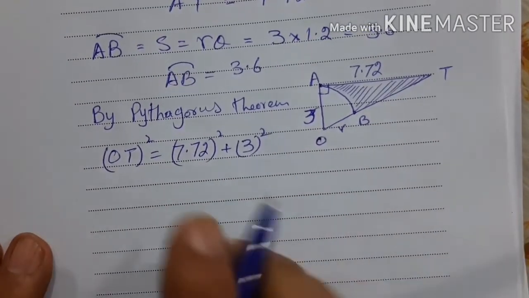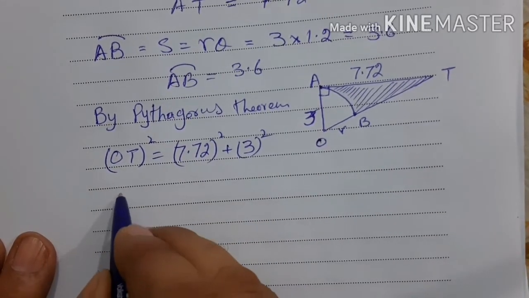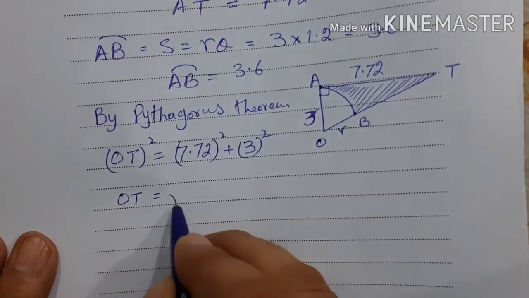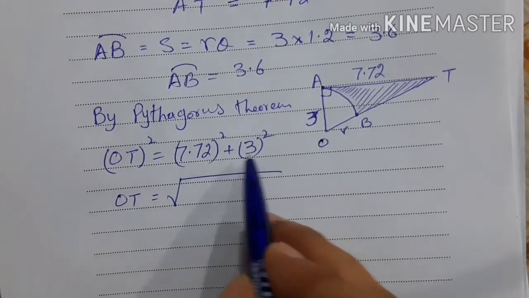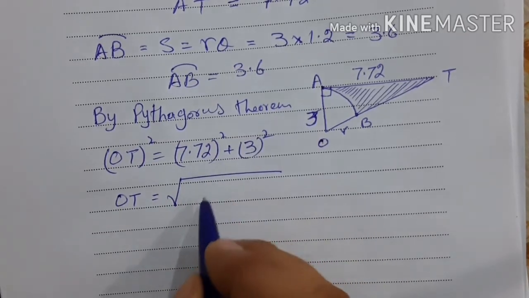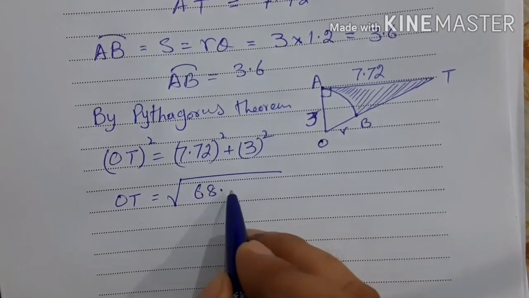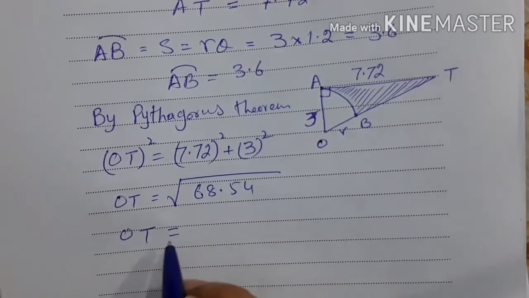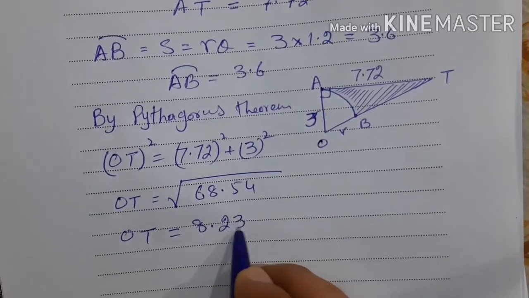So OT is equal to the square root of this whole thing, which will become 68.54, so OT is equal to 8.23.